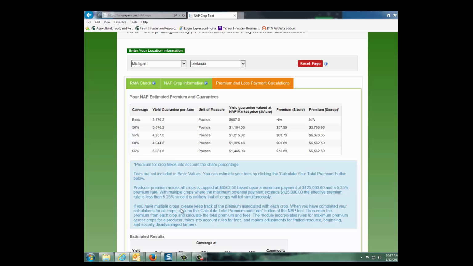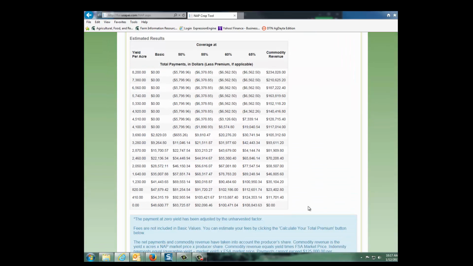This is 5.25% of 125,000, which is the maximum amount an individual can receive under the NAP programs, whether it be, in this case, all tart cherries, or a combination of crops, and a little bit later on we'll go through a combination of crops.